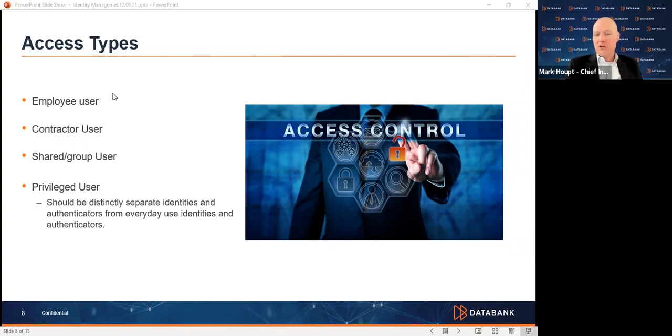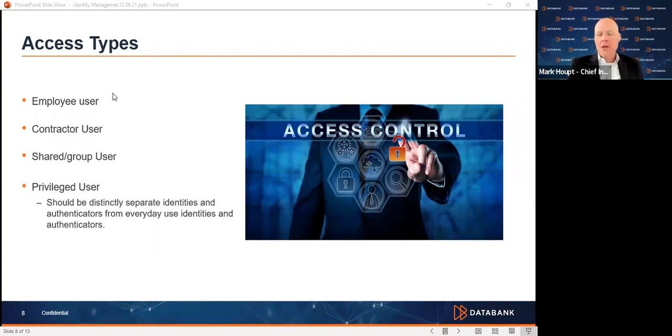So I said the shared group user accounts are accounts that are attacked on a frequent basis. They do typically allow for the crown jewels, but it's interesting that sometimes privileged user accounts are shared group user accounts. And this is something you need to be careful of and not do.